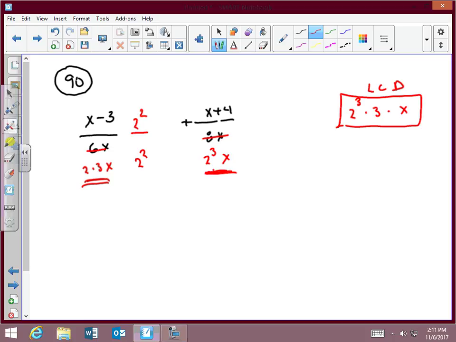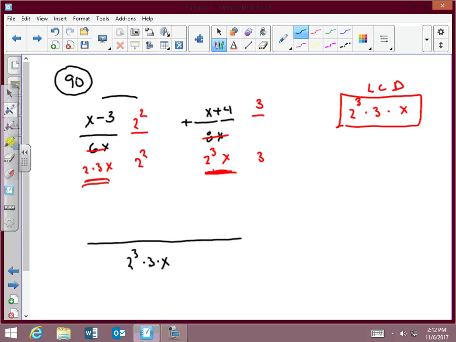A 3, right? The 3 over 3 does not change the fraction, but the 3 in the denominator makes it least common. So now every denominator has a 2 cubed, a 3, and an x. So you can just write it down there.